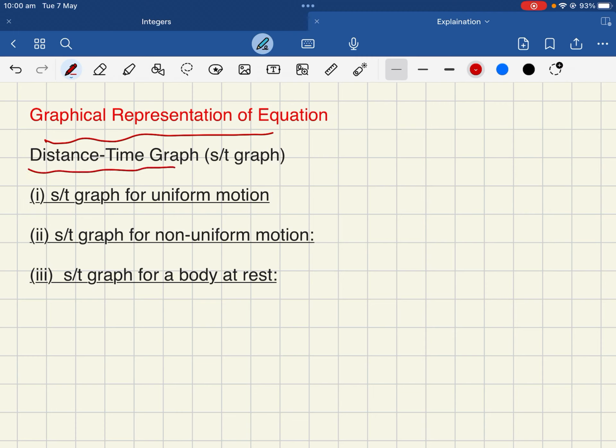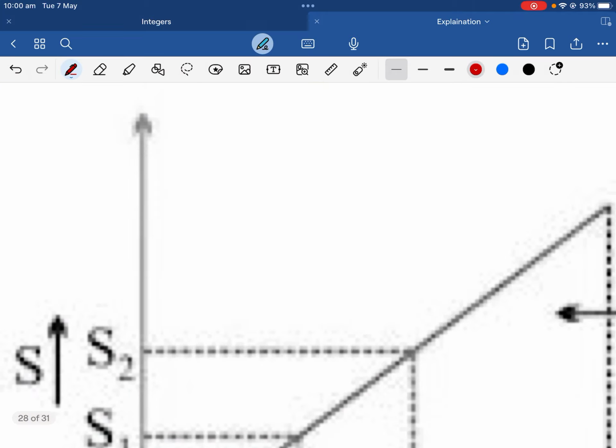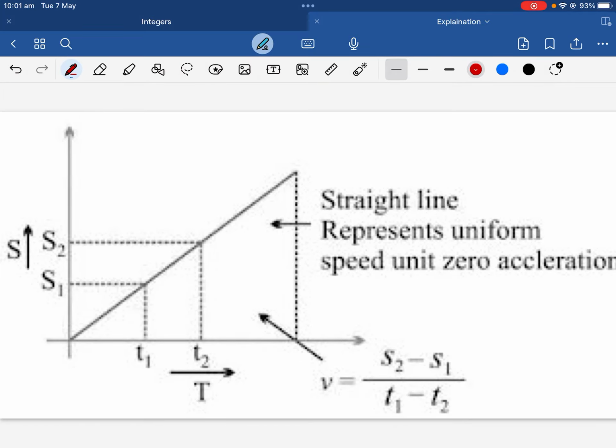Distance time graph. So s by t, it is also known as s by t graph or d by t graph. This is the time and this is the distance.